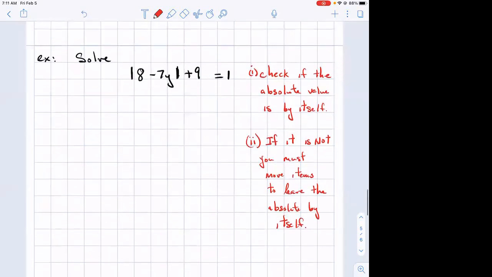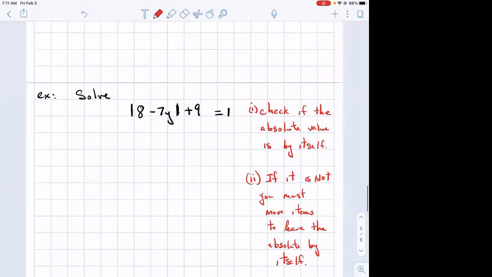Okay, so in this case, here is my absolute value. I want to leave this here by itself, so it means I have to get rid of that plus 9.